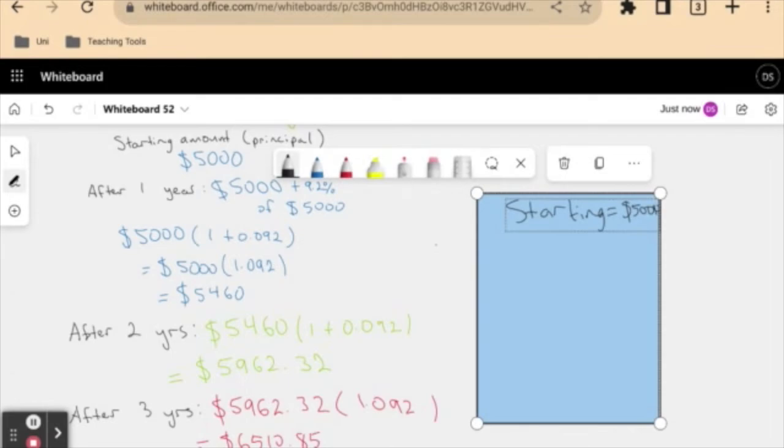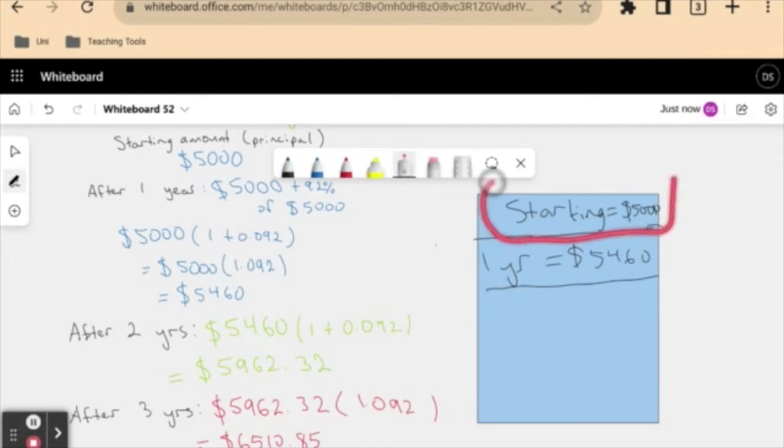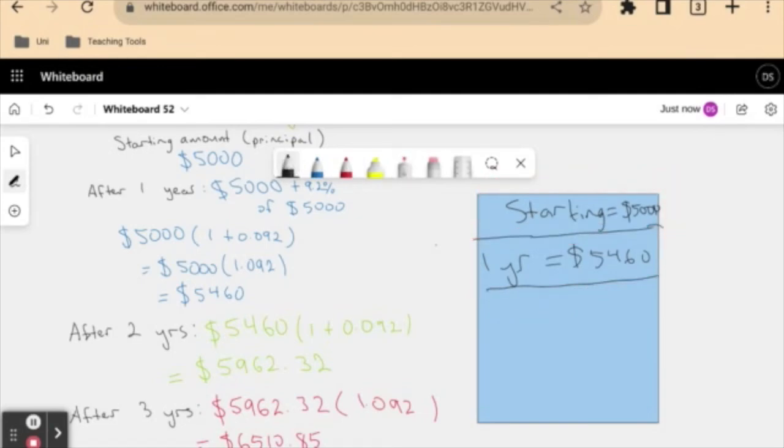And then after 1 year, we had 5,460. But what did we do to get from our starting to here? Well, we multiplied by, let's do a different color here. To get from here to here, we multiplied by 1.092, right?